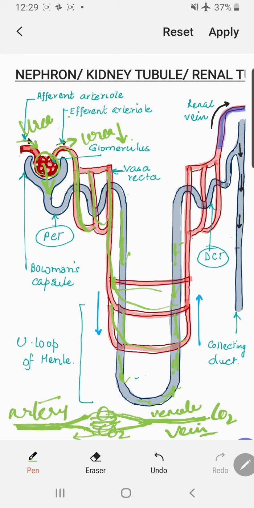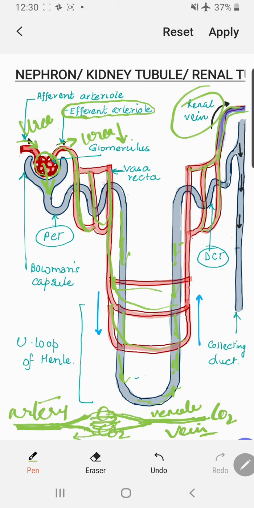So to make that connection, this efferent arteriole again branches back and then reunites. After DCT it reunites to form one single vessel, and since I have made it blue, you understand that it is the renal vein, right?